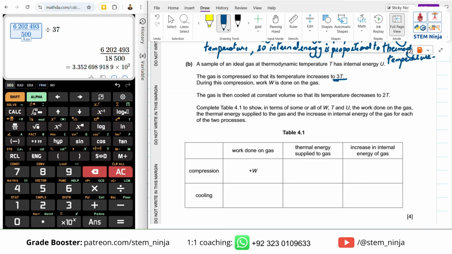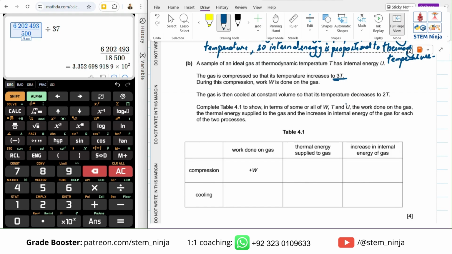Complete table 4.1 to show in terms of W, T, and U, the work done on the gas, the thermal energy supplied to the gas, and the increased internal energy of the gas for each of the two processes. Okay, so we know that ΔU is equal to plus Q and plus W. So the change in internal energy is coming from the sum of thermal energy supplied to the gas and the work done on the gas.